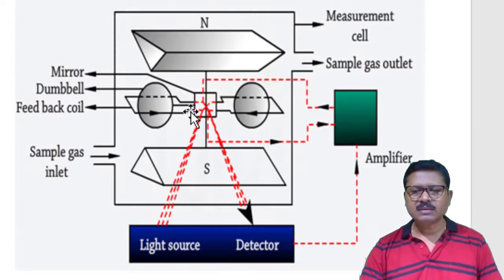This coil arrangement will produce a magnetic field. Because of the interaction between this magnetic field and the magnetic field produced by the permanent magnet, the whole system is stable at a particular position. So when no sample gas is there, the whole system is stable.